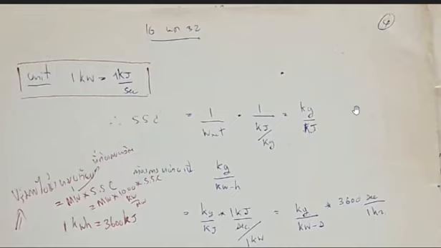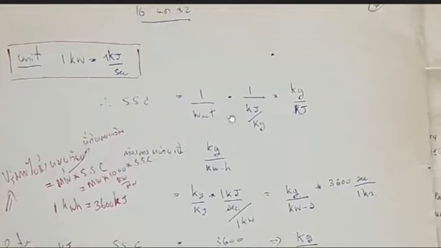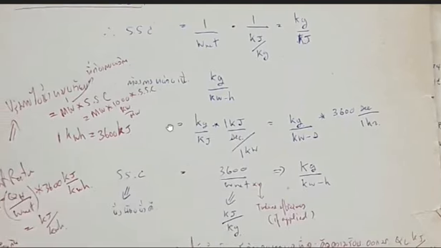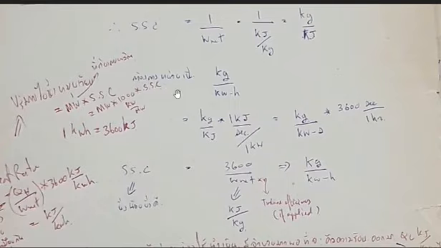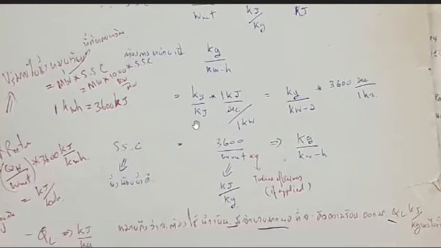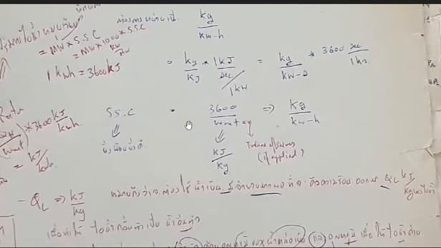To find the formula for SSC, the formula for SSC is 1 divided by work net. We want to get the unit in kilogram per kilowatt hour, so we have to do some calculation, and we get the formula for SSC equal to 3,600 divided by work net.